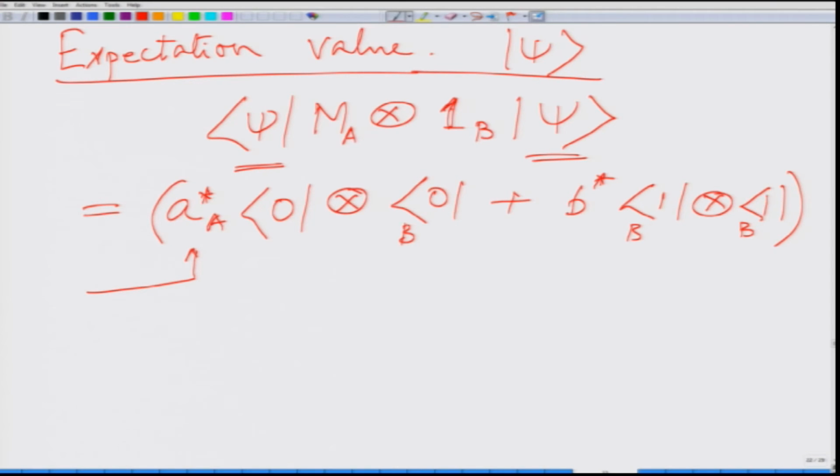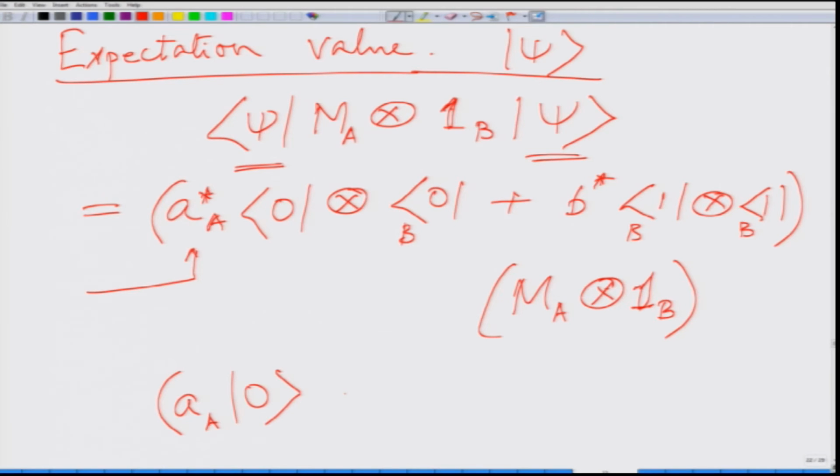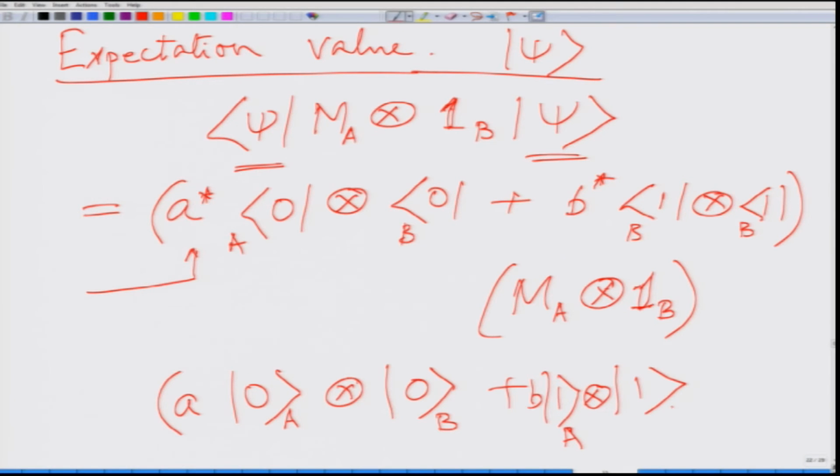Then I am going to have the rest of it, M_A, B. This is the left hand side, now the right hand side, A. Make sense?